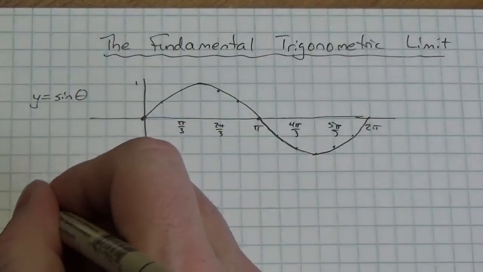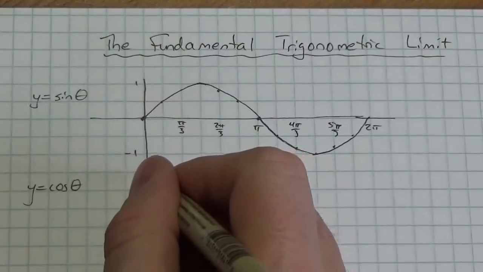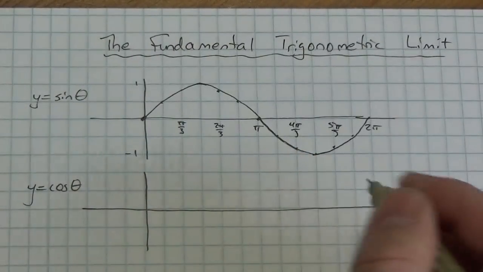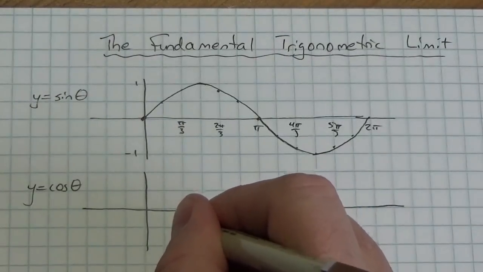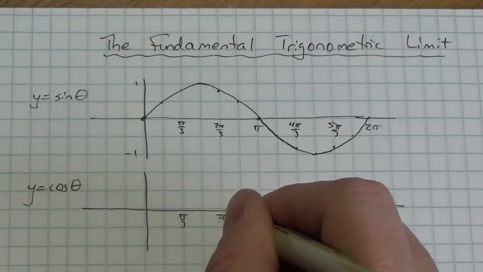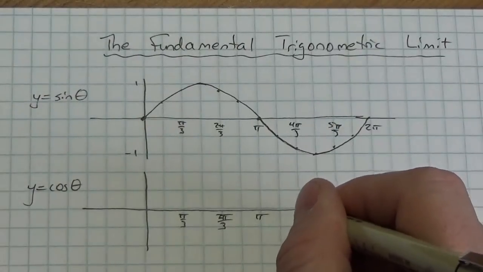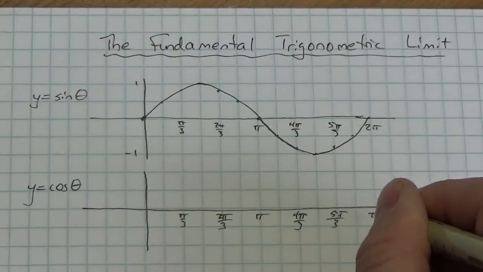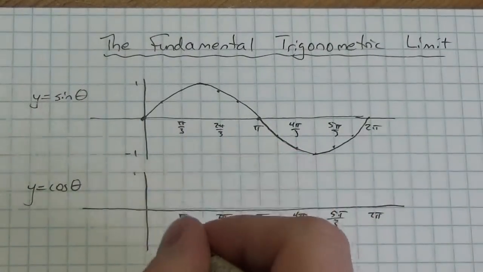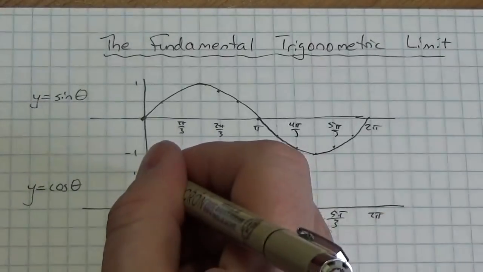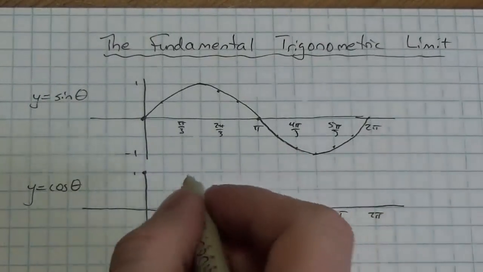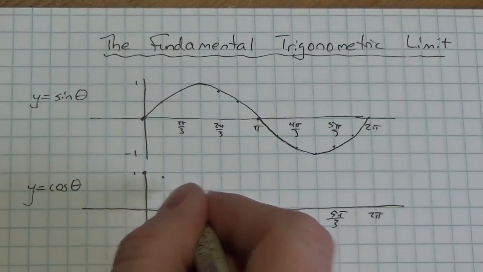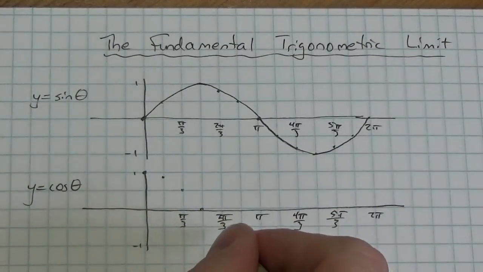Now let's take a look at the cosine of theta. We'll use the same scale here: pi over 3, 2 pi over 3, pi, 4 pi over 3, 5 pi over 3, and 2 pi. Now, we know that cosine starts at its apex, and so it's going to go down to the halfway mark, 0.